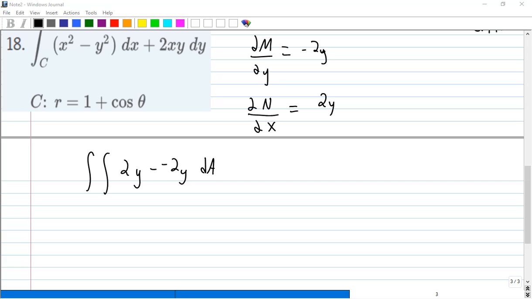All right, so whenever you set up your double integral, you got the double integral of what? So this is why I need Jaden in here, because he would answer.